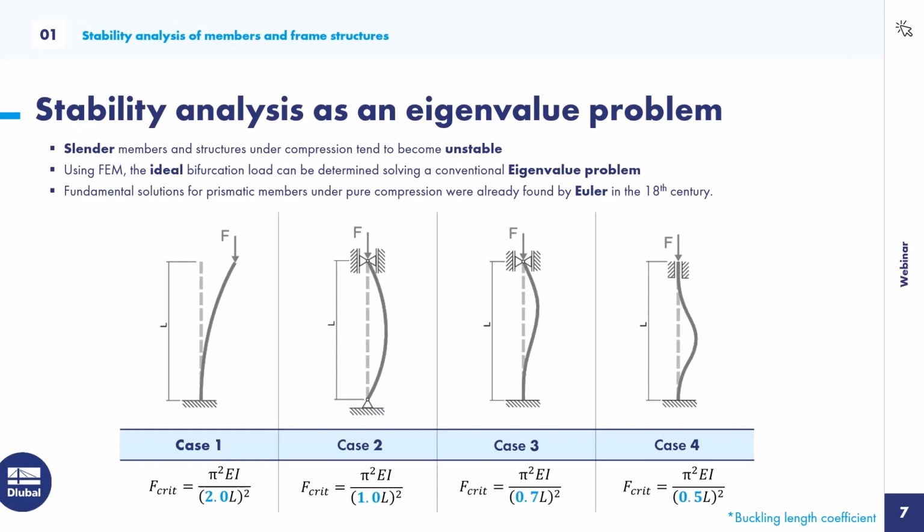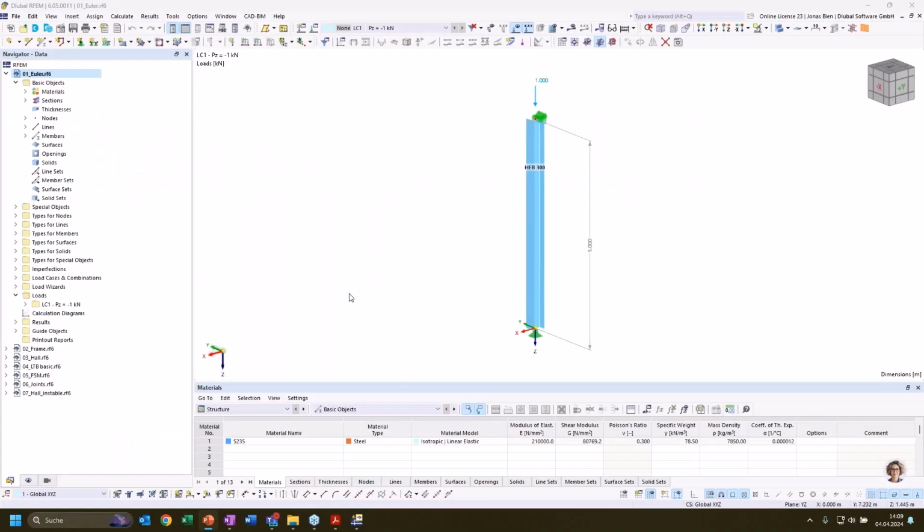In the first step, I want to go into our program now and try to simulate an Euler case 2 and make a small comparison, to see if we can evaluate the correct critical load according to Euler and what else we can get from our structural stability analysis.